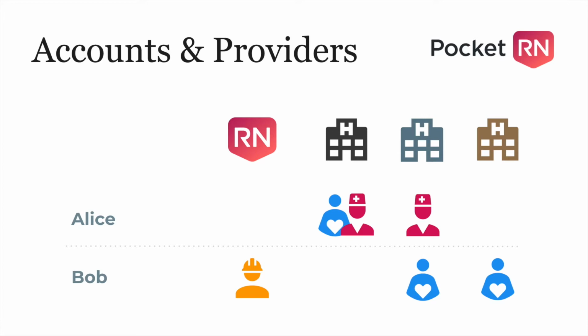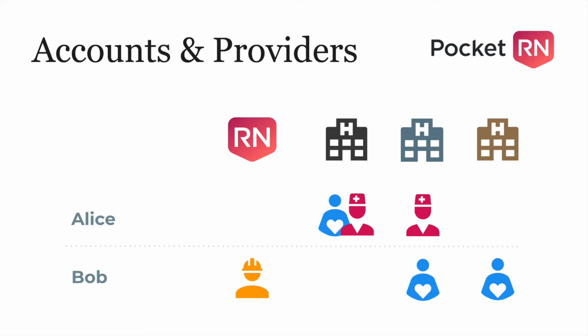Alice is a nurse, and she works at the charcoal clinic and the bluish gray clinic, but she's also a patient at the charcoal clinic. So she essentially has three different accounts on PocketRN, is the easiest way to think about it. She has a patient and a nurse account for charcoal clinic, and she has a nurse account for the gray clinic. And then we have Bob.